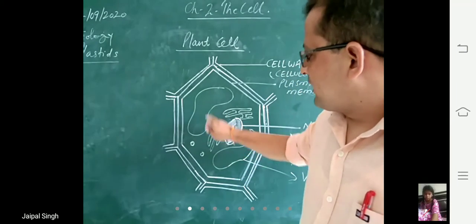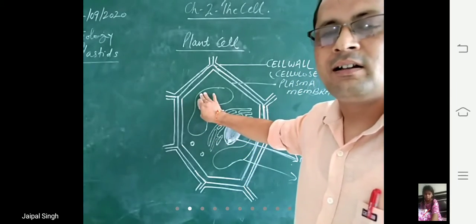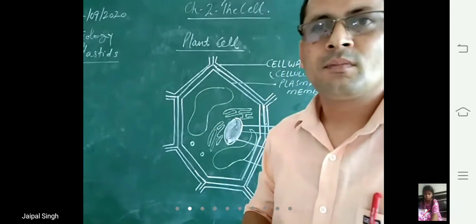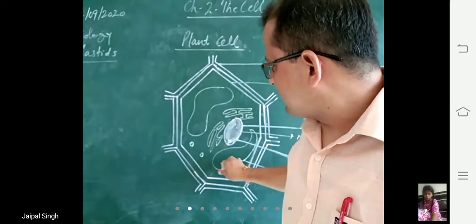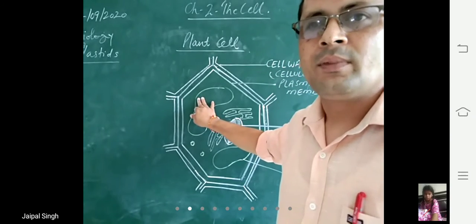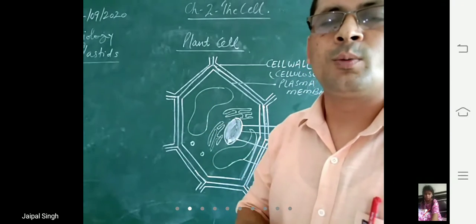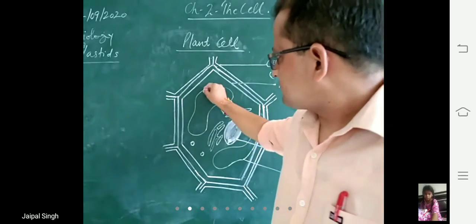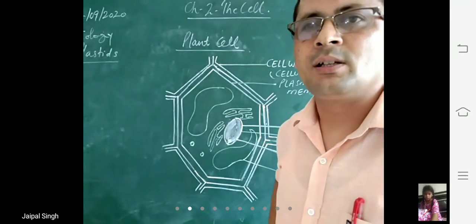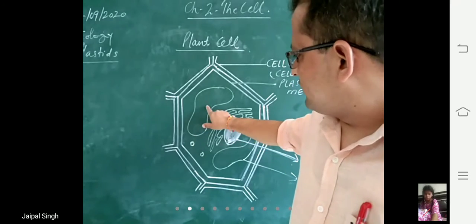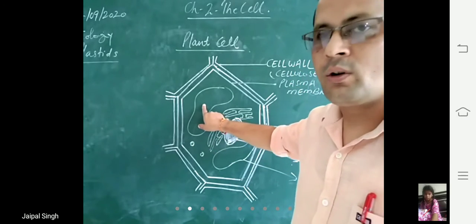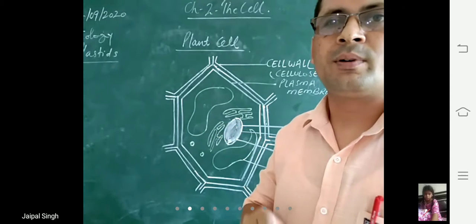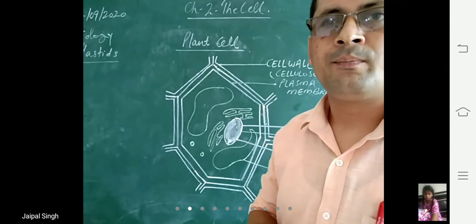The vacuoles in plant cells are large in size and less in number. These vacuoles store proteins, fats, lipids, and some other liquid substances. They are large in size in a plant cell, but present in less number.